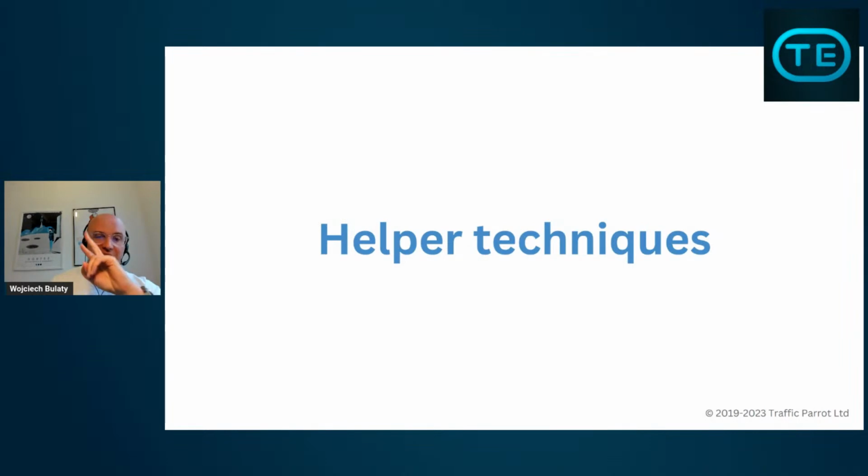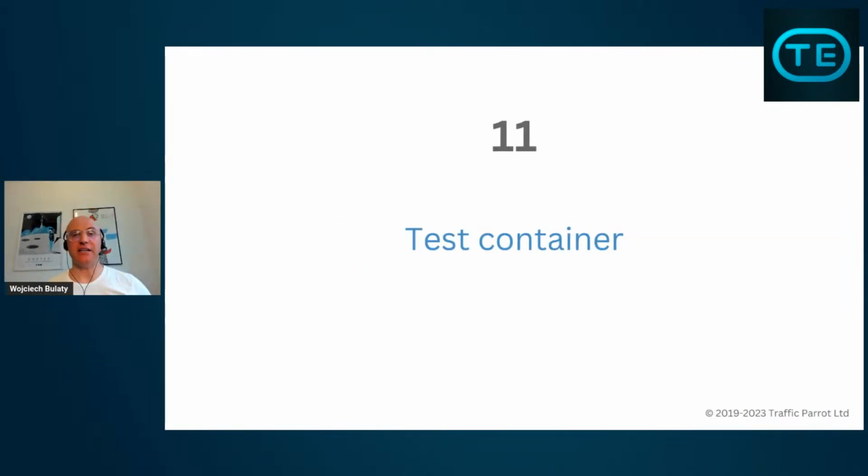And lastly, we've got two helper techniques that will help you manage some of the complexity around using these other techniques. The first one is test containers. What is a test container? So we're living in this new world of containers where you can run, let's say, Docker containers anywhere you like.